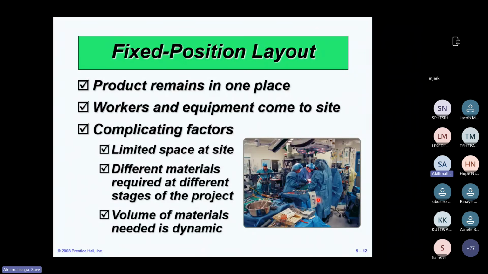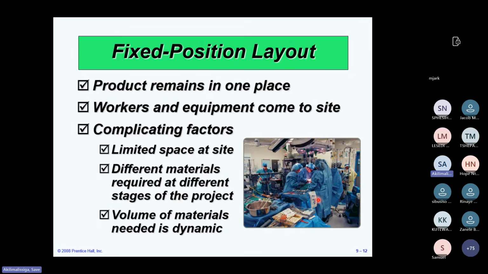So what other examples can we bring on board in order to illustrate this fixed position layout? It could be the building site of a ship, for instance. So a ship building site, right? All the materials that the workers need, they must go to the site so that the ship can be built. This also applies in the process of building a house, for instance.